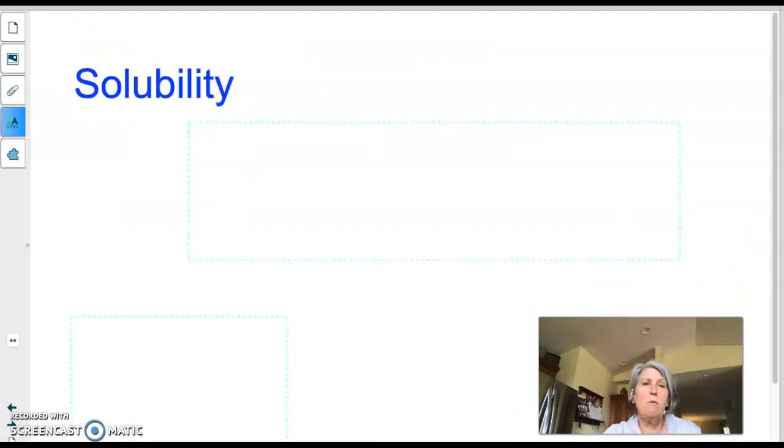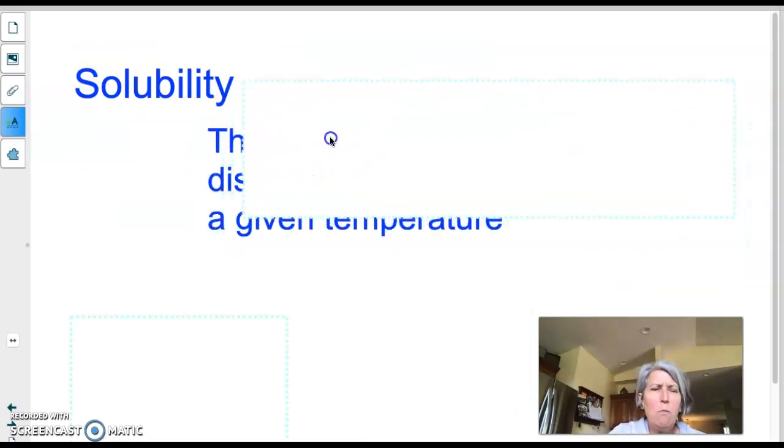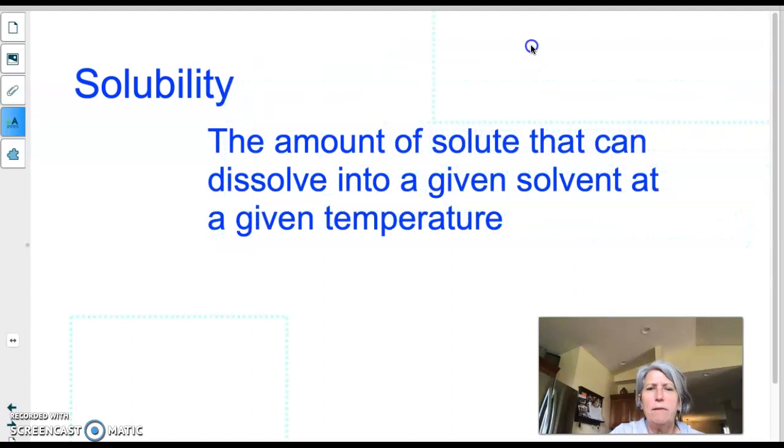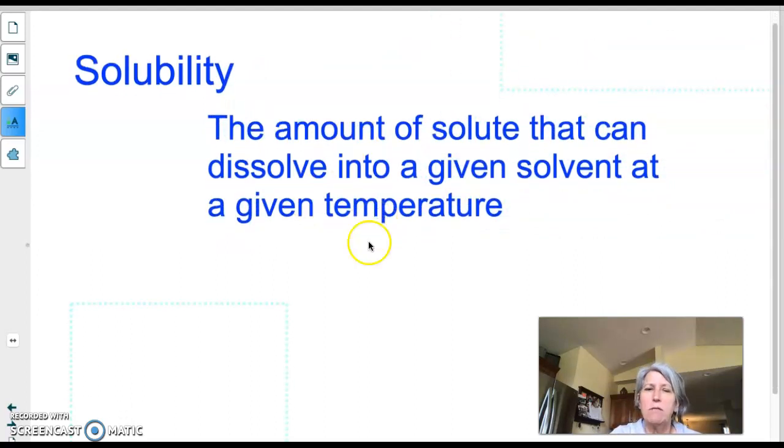As we're thinking about solubility, we want to understand what solubility really means. Solubility is the amount of solute that can dissolve into a given solvent at a given temperature. Hopefully you learned from the lab that temperature has a relationship with solubility.